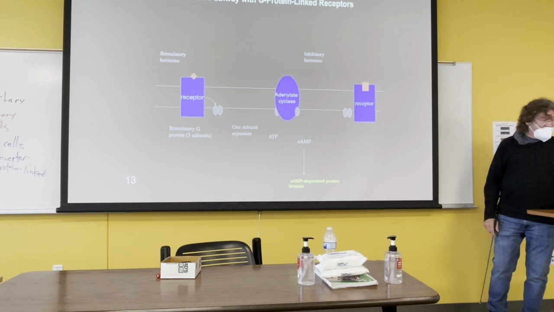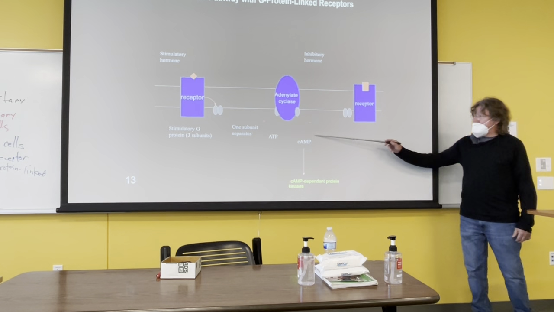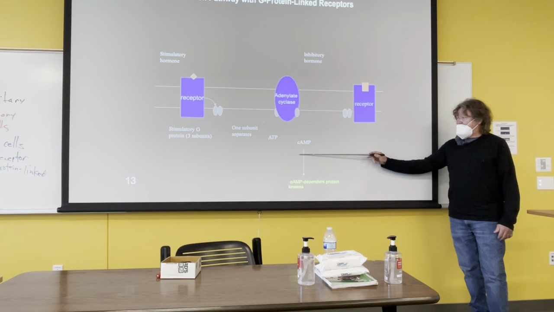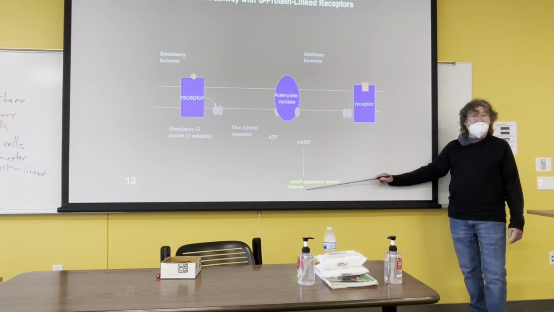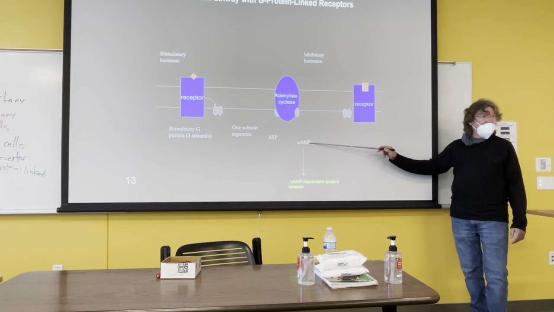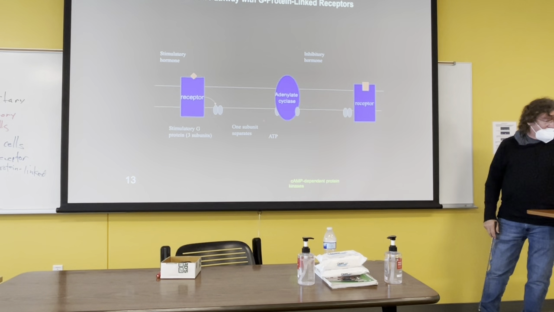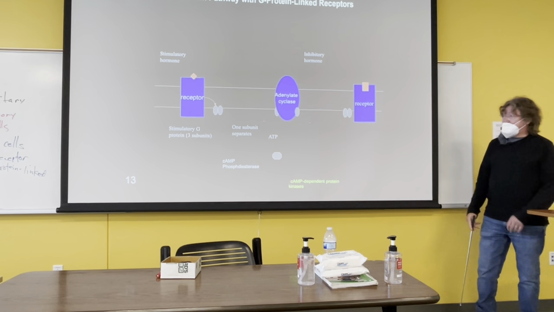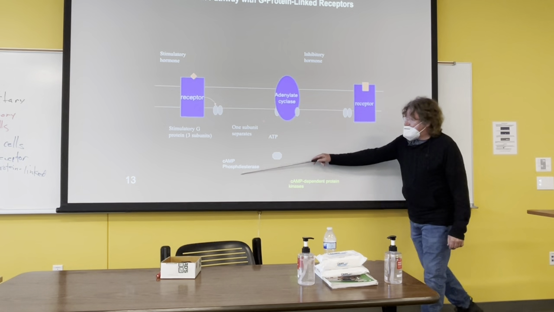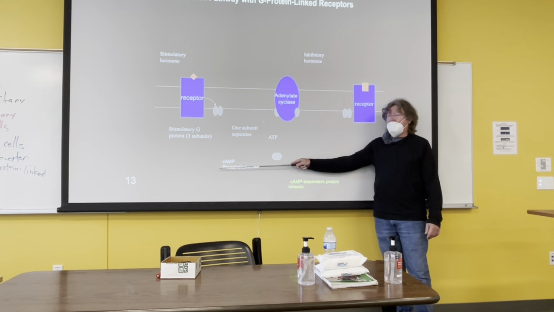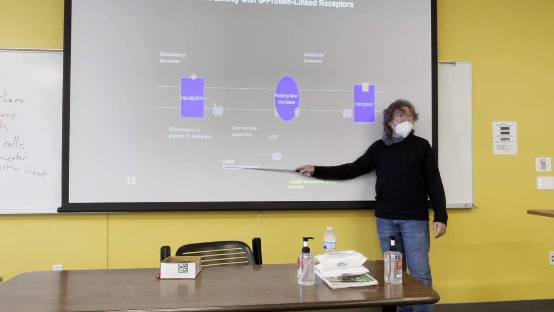Okay? After that, as long as cyclic AMP is still there, this continues to be stimulated. So we've got to get rid of that. And something that is constitutive, always there, is cyclic AMP phosphodiesterase. It is always there in the cell, always active.